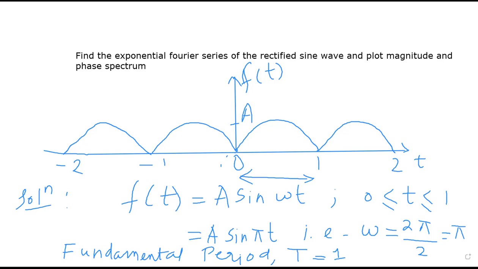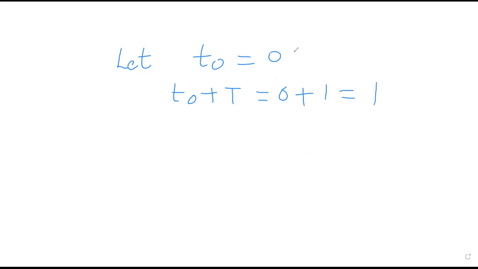So coming to the next part, let the initial time be 0. So t0 plus T would be 0 plus the time period. Just now we got it as 1, so it will be from 0 to 1.